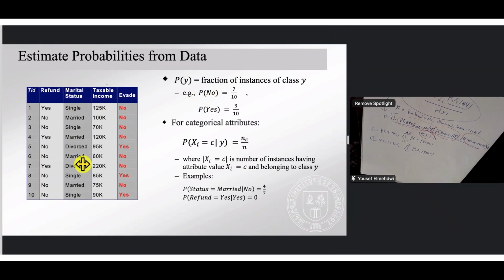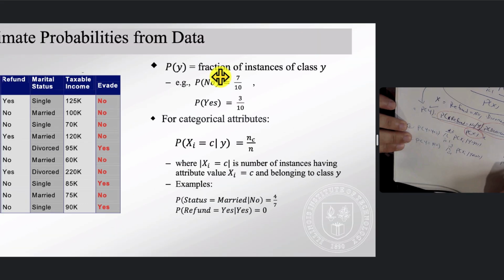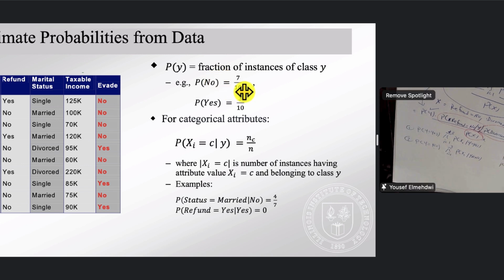I have 10 instances in the training data, and 3 of them have the class label yes, and the fraction of instances with class no is 7 divided by 10. So it's easy to compute the probability of y. I'll write it here because we need it later: y equal yes is 3 over 10, and y equal no is 7 over 10.